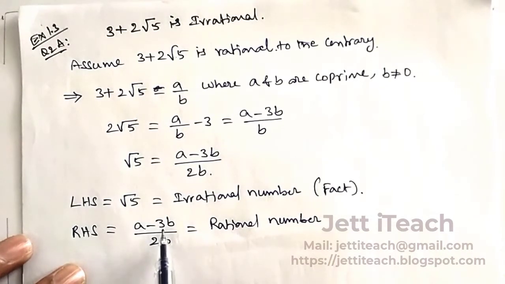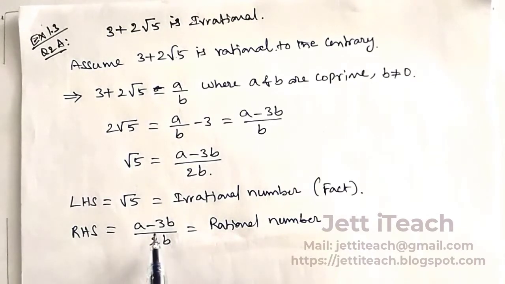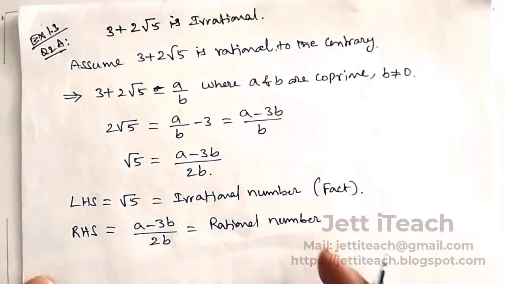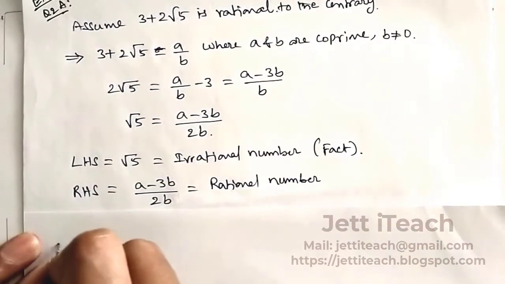So 3 is a rational number, 2 is a rational number. We know that a and b also are rational numbers and integers. 2, 3, a, b all are integers. So we can write it as a rational number. It's a combination.